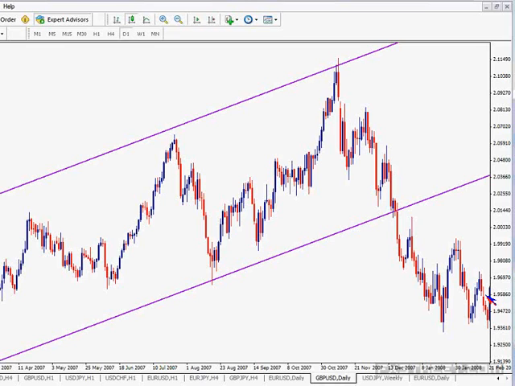And on the contrary, if the ascendant channel is broken to the downside, that is a strong signal of continuation of the dominant trend, and we are not likely going to see a reversal. Anyway, I believe it's pretty simple, it's not something too complicated.